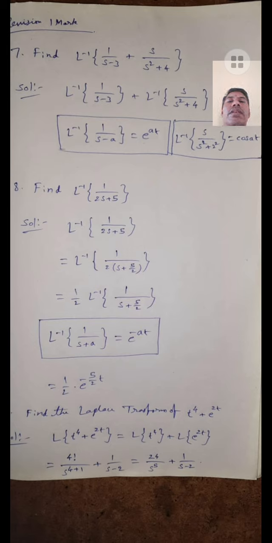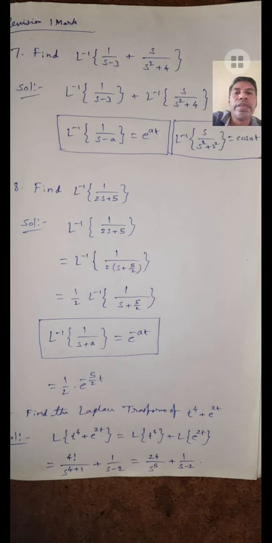We can write inverse Laplace transformation of 1 by s minus a is e power at. This is a formula. And the second term also is in the formula of inverse Laplace transformation of s by s square plus a square, that equals cos at. So in the first term a means 3, so e power 3t, and in the second term a means 2, so cos 2t.